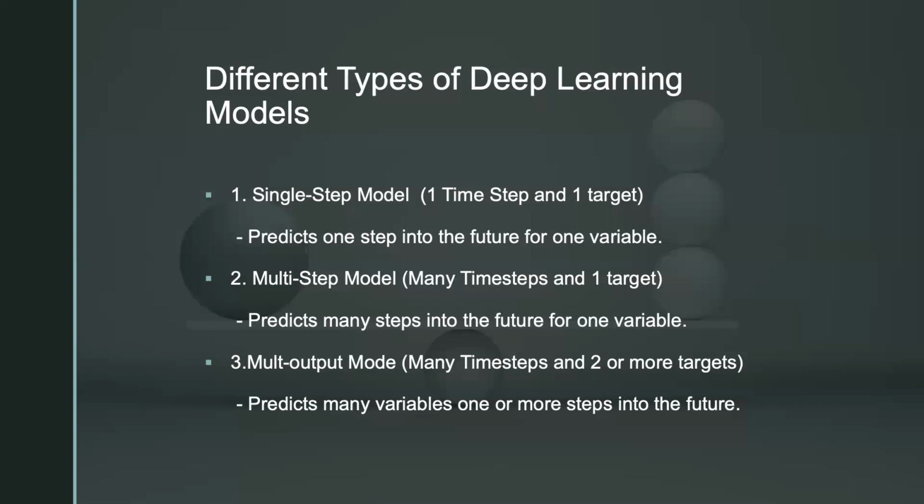Next is the multi-output model. Here we are going to predict many variables. In the past, you give an input of many timestamps. It can be 15 days, 14 days, 1 week or anything like that.